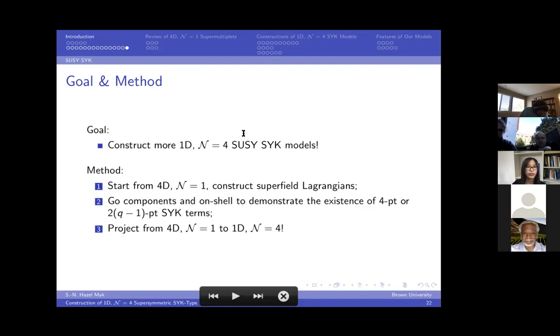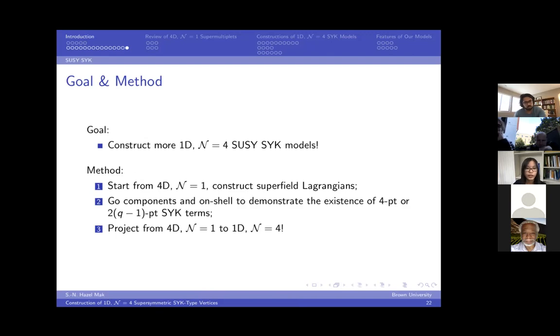So let me talk about our method. We'll first start from 4D n equals 1, and from there we will use some well-known linear representations of these superfields and construct the superfield Lagrangian. This is our first step.